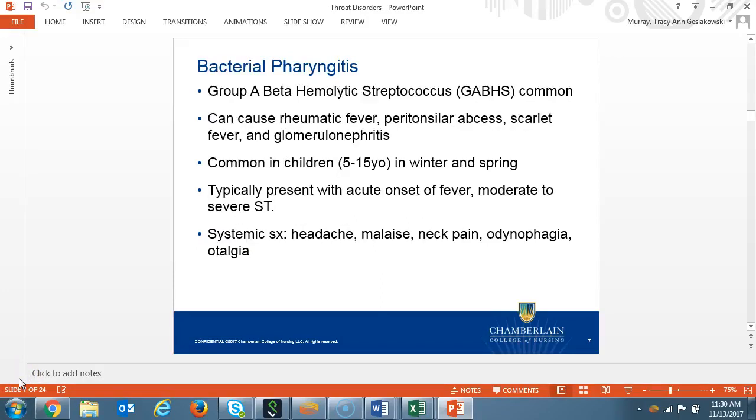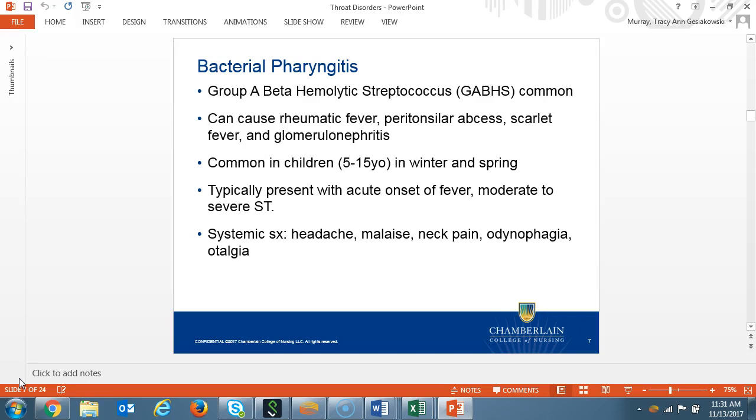Now, the most common bacterial cause is Group A beta hemolytic streptococcus. Identification of Group A beta hemolytic streptococcus is essential, as this can cause complications such as rheumatic fever, peritonsillar abscess, scarlet fever, or glomerulonephritis.